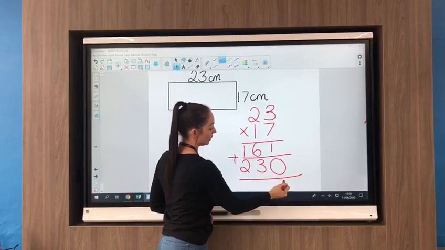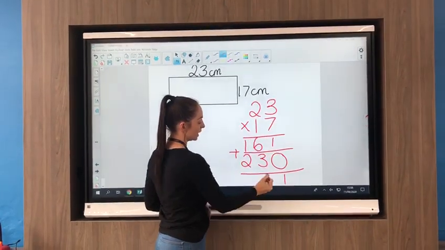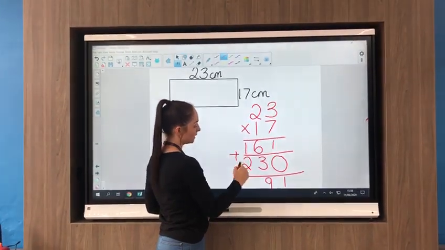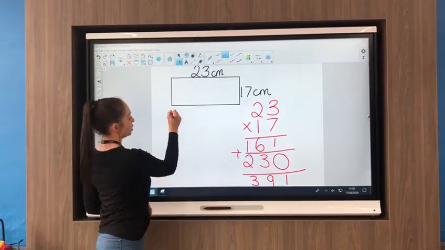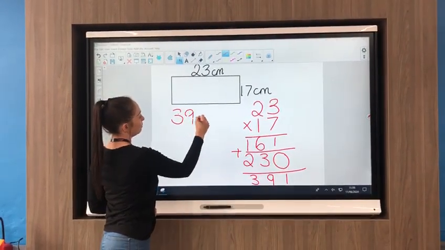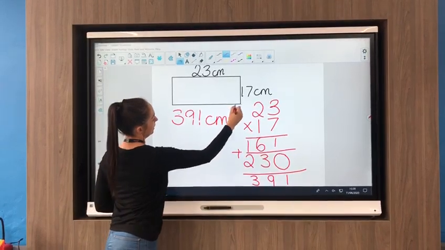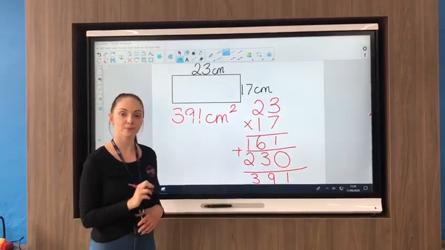So 1 add nothing is 1, 6 add 3 is 9, and 1 add 2 is 3. So the area of this shape would be 391 centimetres squared.